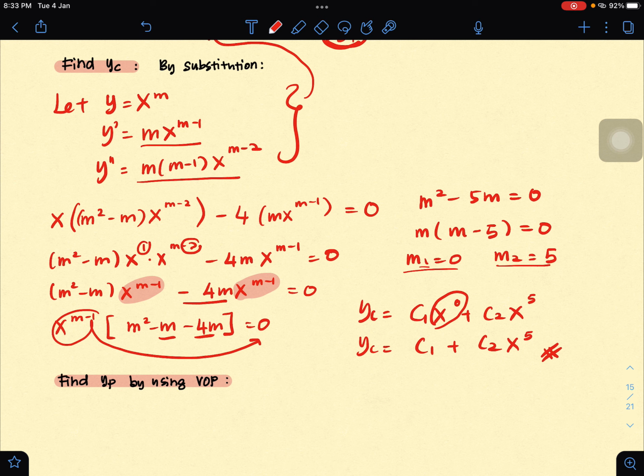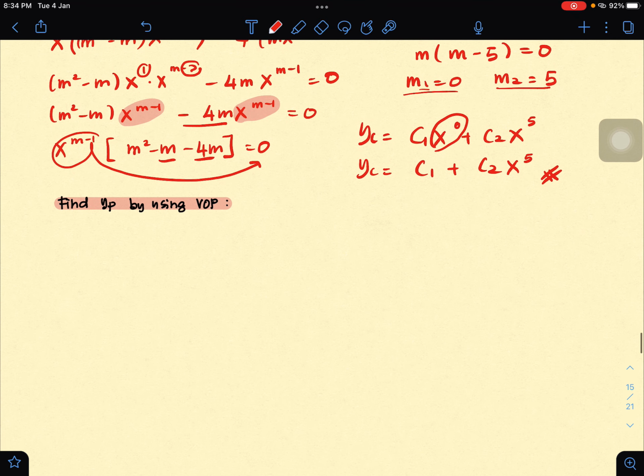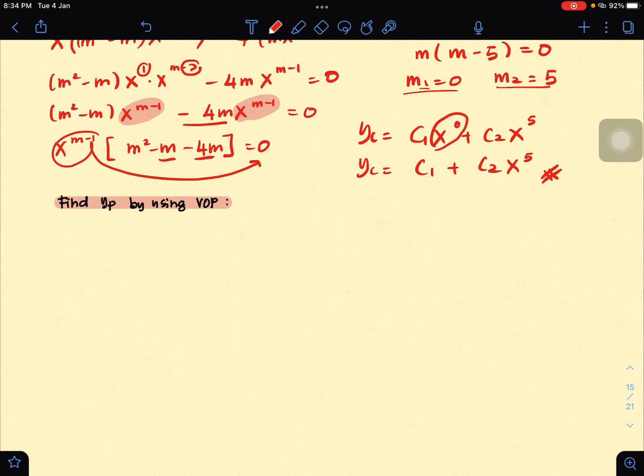Okay, so now we want to find our yp. To find our yp, we want to use the variation of parameter method. If you already forgot, you need to go back and check your notes. To start the variation of parameter method, we need to know our y1 and y2, which come from your yc.